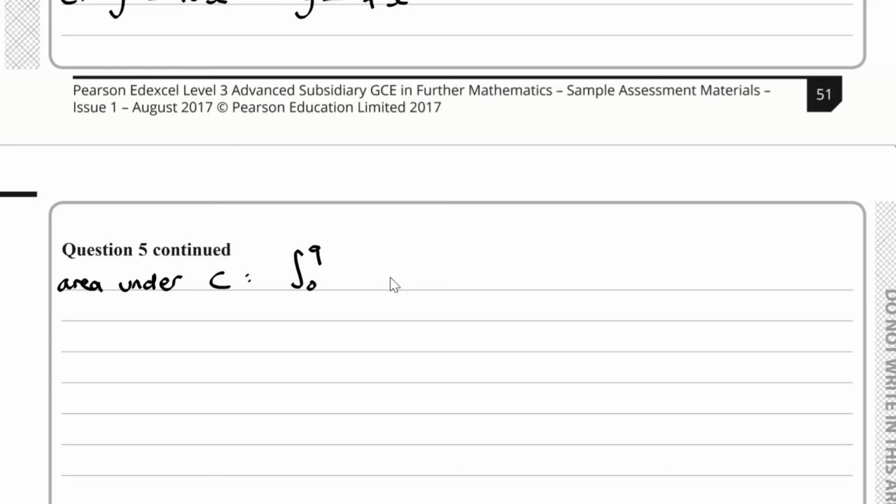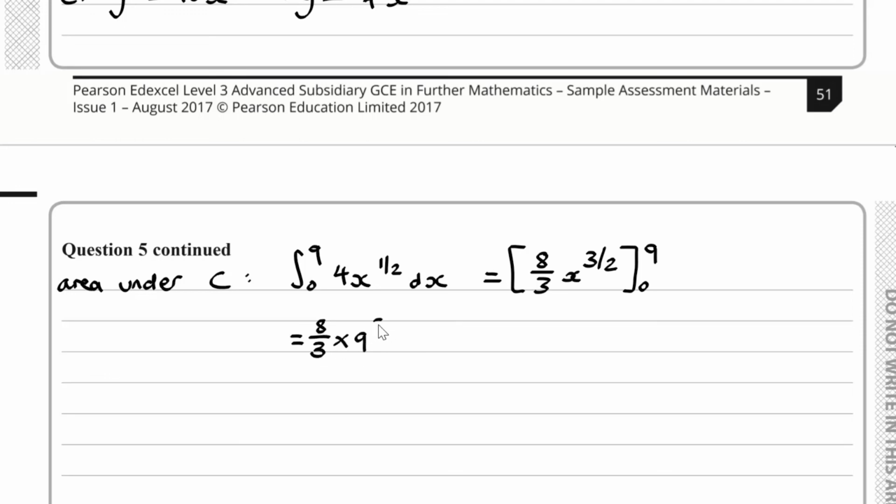We integrate between 0 and 9. We wish to integrate 4x to the 1/2 with respect to x. So we have 8 over 3 x to the power of 3 over 2 between the limits 0 and 9. If we work this out, we have 8 over 3 times 9 to the power of 3 over 2 minus 0, which is 72.